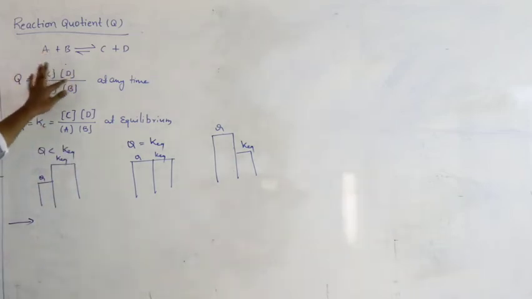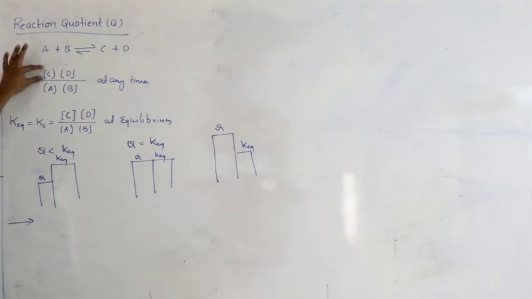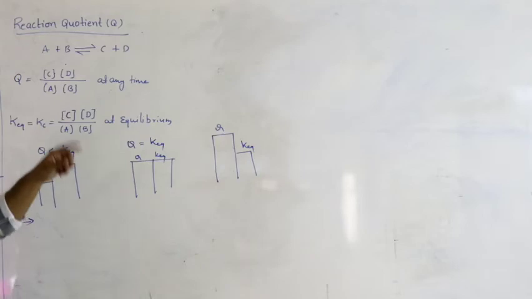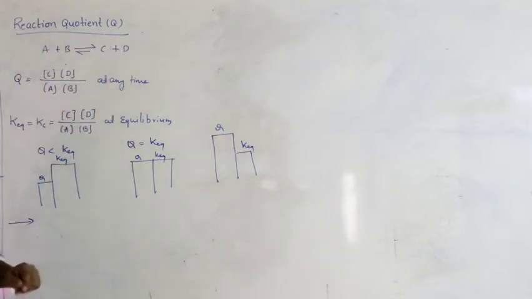If the numerator increases, then the Q value increases. If the denominator increases, then the Q value decreases. Q is proportional to concentration of products by reactants. So if Q is less, then Q can be increased by increasing the concentration of products and decreasing the concentration of reactants. This is done if the reaction moves in the forward direction.